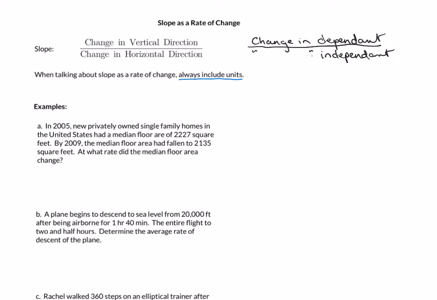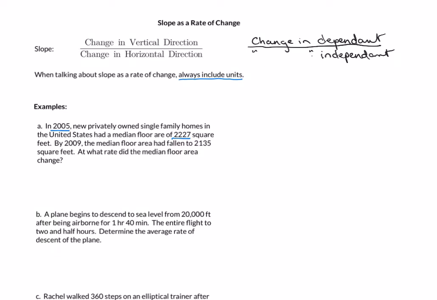We want to know at what rate did the median floor area change. Okay, so the first thing is we have 2 points here that we want to look at. The first thing that we have is in 2005, it was 2227.